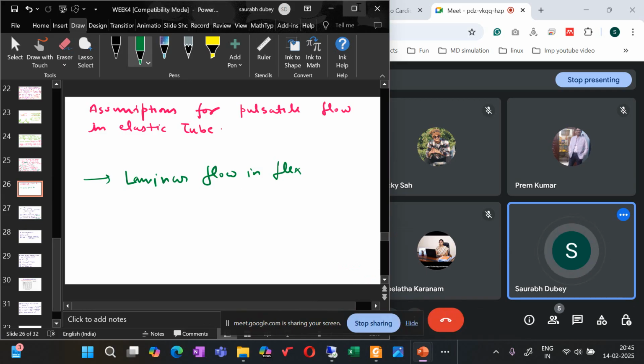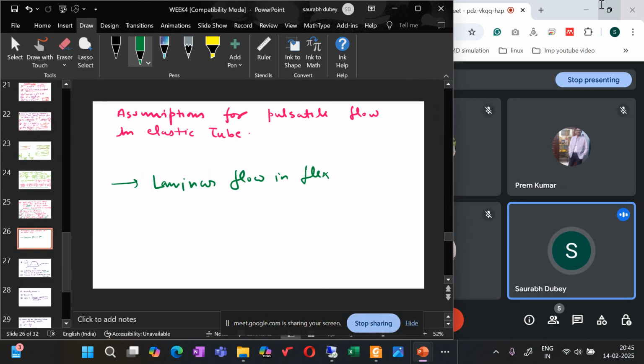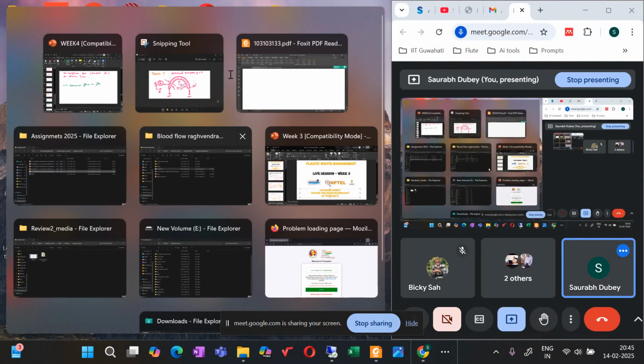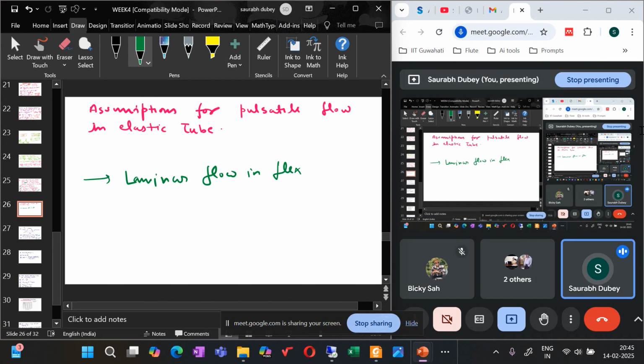So this is the discussion that we were having. Laminar flow in flexible tubes, steady tubes.